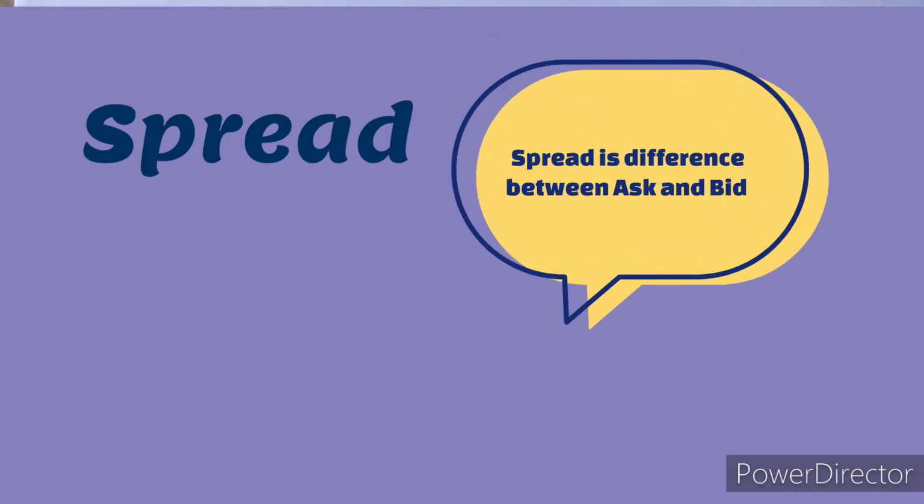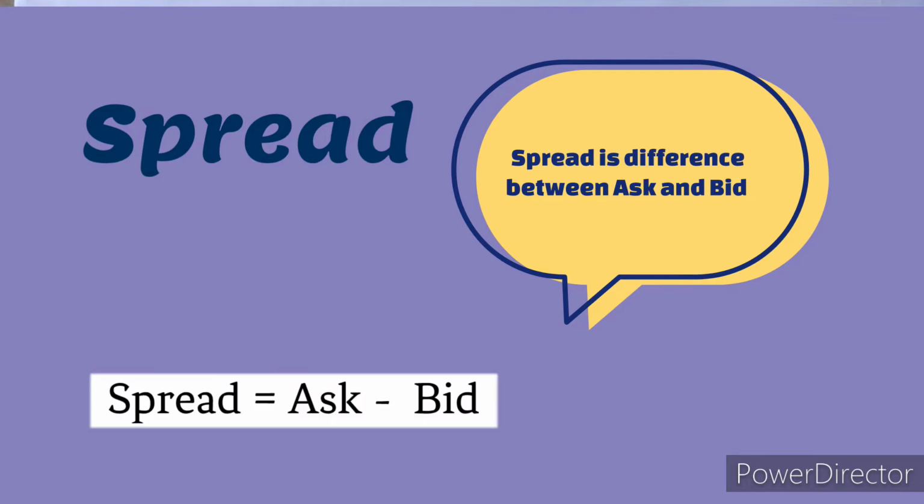Spread is the difference between offer rate and purchasing rate. Simply, you can calculate spread by subtracting bid from ask. Bid is your purchasing rate and ask is your selling or offer rate.